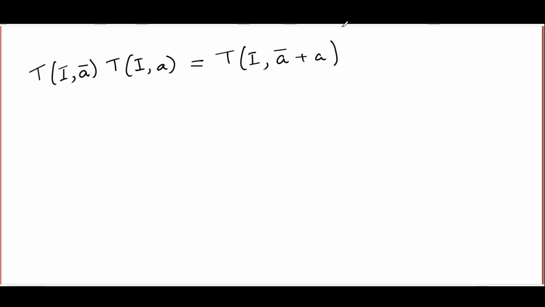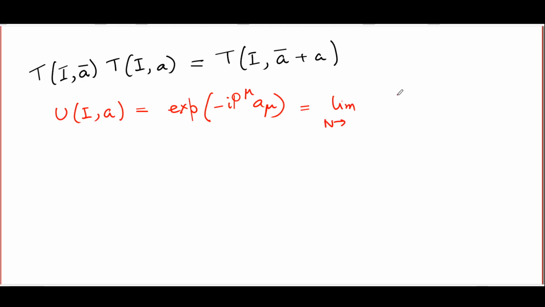So for this, the corresponding unitary operator acting on the Hilbert space, U(1, a), will simply be given by the exponential of minus i P mu a mu. Just to remind you of how this works, because of this additivity, you can break this whole thing up into n parts.